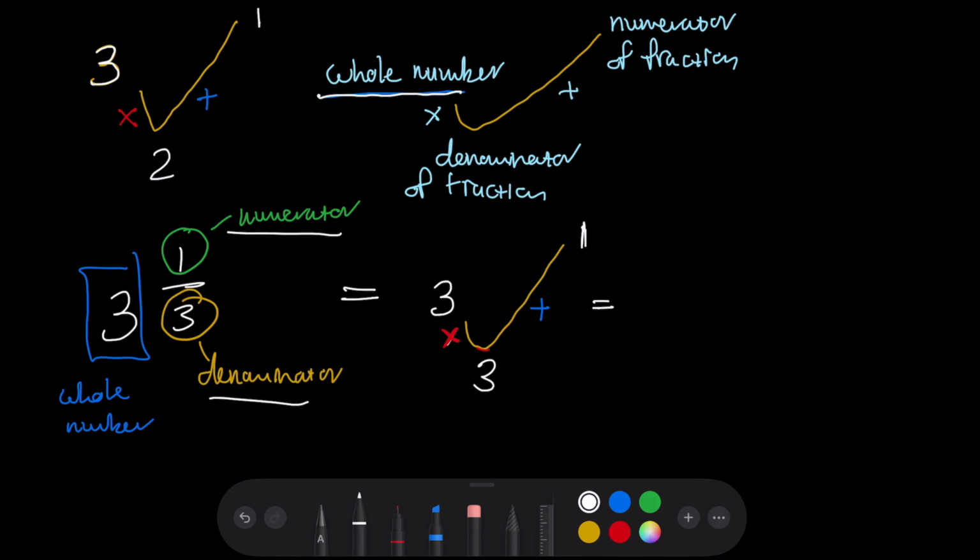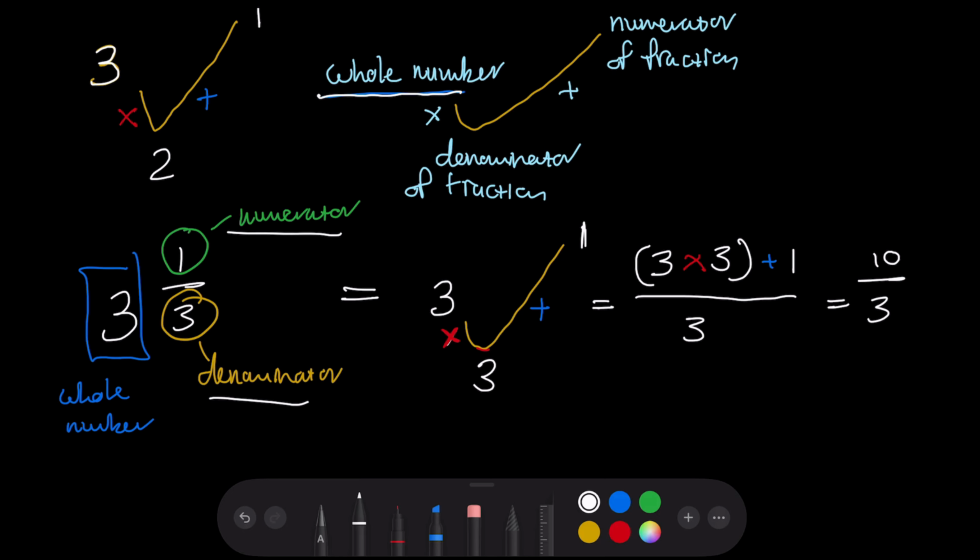It is 1. So what does that look like? It looks like 3 multiplied by 3 plus my numerator 1 over the same denominator that you have, which is 3. Then what is that in total? It is 10 over 3.